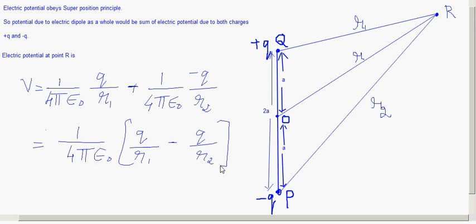Here R1 and R2 are the distances of charge plus q and minus q from point R respectively.